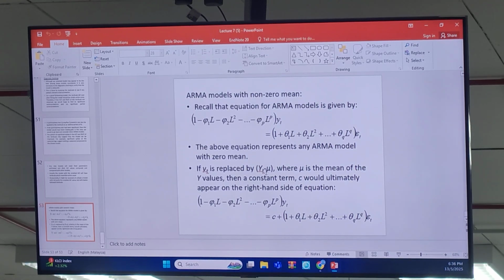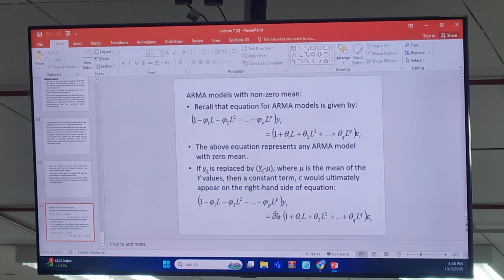Instead of Y_t, use Y_t minus mu, so that you have a constant in the model. If Y_t is replaced by Y_t minus mu, where mu is the mean of the Y values, then a constant term C would ultimately appear on the right hand side of the equation. So you have a constant.